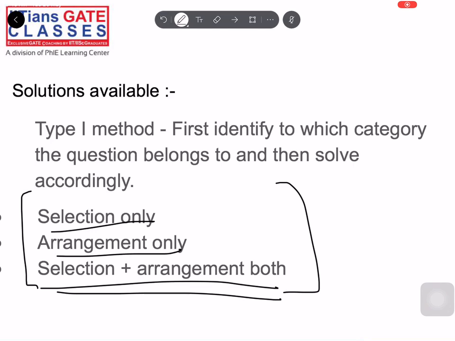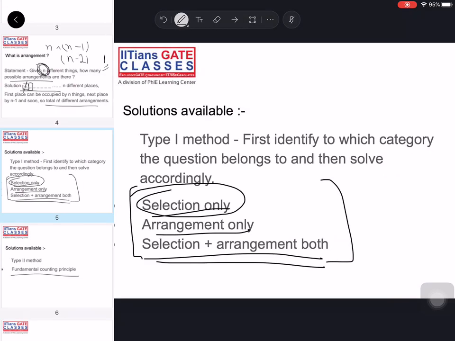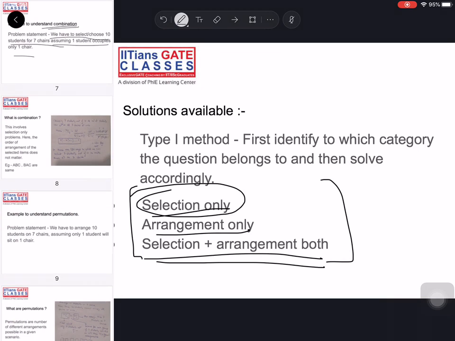I don't have to make them sit on the chair, I only have to select which 7 students will sit. So that question is the selection only category. Usually the questions which belong to the selection only category are combination problems.